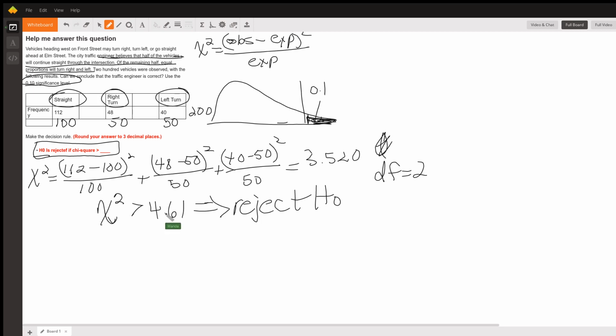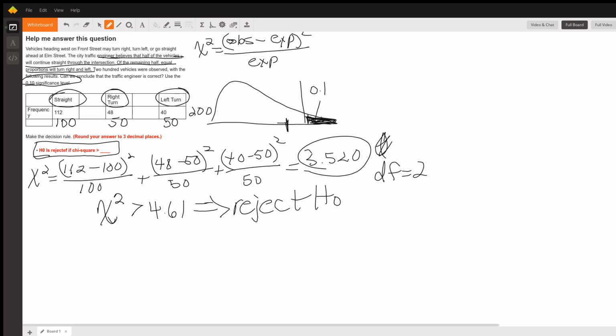Our chi-square value of 3.520 is not greater than 4.61. In other words, ours is somewhere like right here. So that's in the fail to reject region. I'm going to reject if my chi-square value is in the shaded region. I'm going to fail to reject if it's in the open region. So we're going to fail to reject.